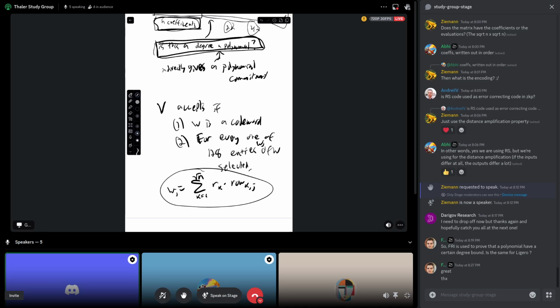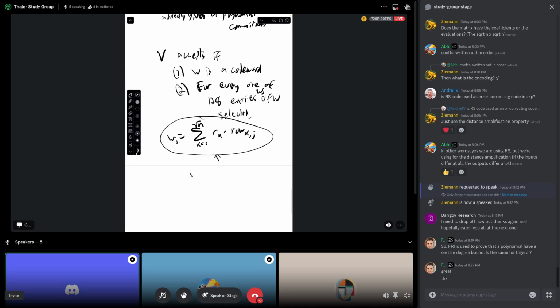So this is just checking that WJ is what it should be given the committed matrix.